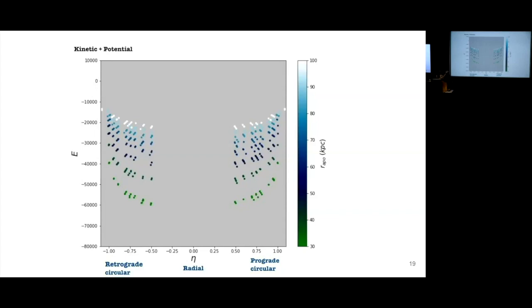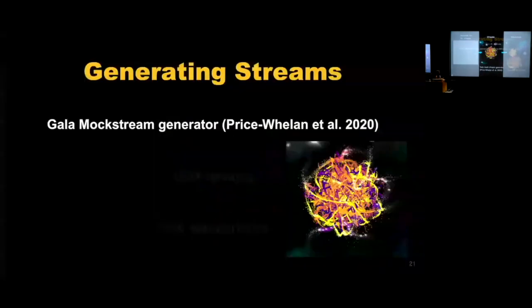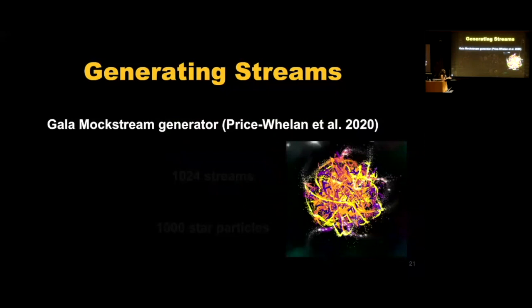Now that we have all the initial conditions for the streams, we can create streams. For creating the streams, we use the Gala stream generator by Price-Whelan et al. 2020, and we have a set of 1,024 streams in total, with each stream having 1,000 particles.